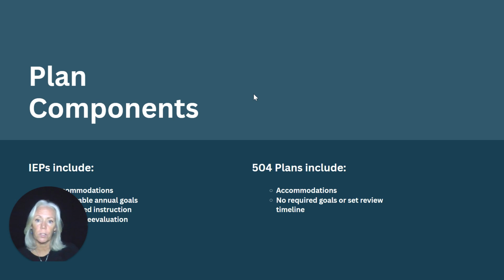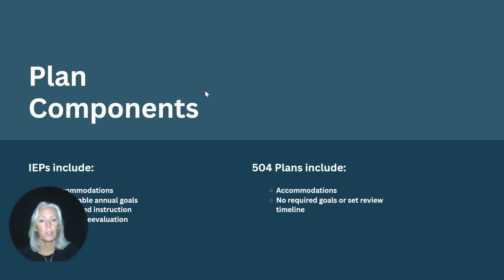So every 3 years, the school must reach out to let you know it's time for a reevaluation. So this may involve additional testing, or the team, which includes you, may agree that the student continues to qualify without needing any further testing.